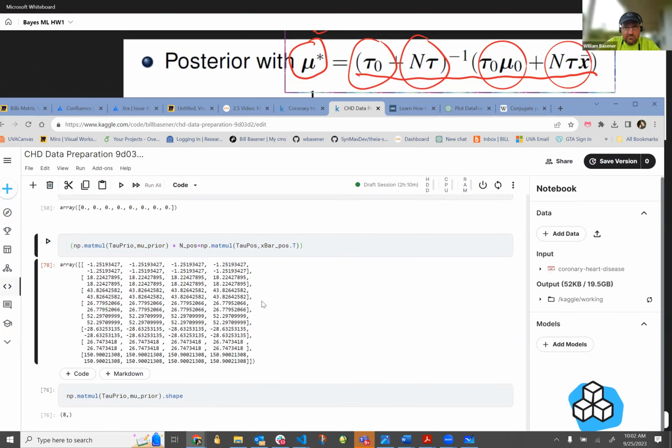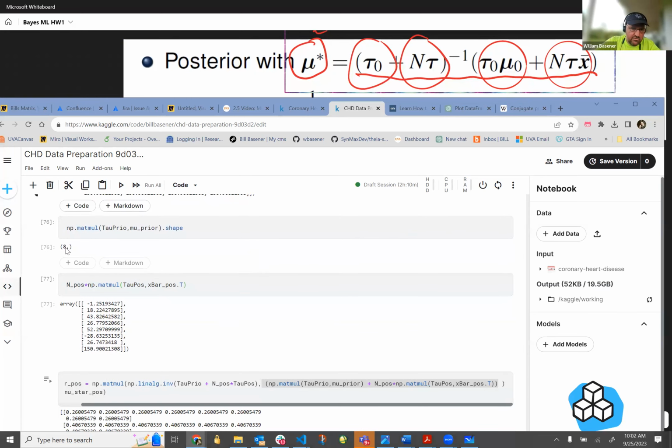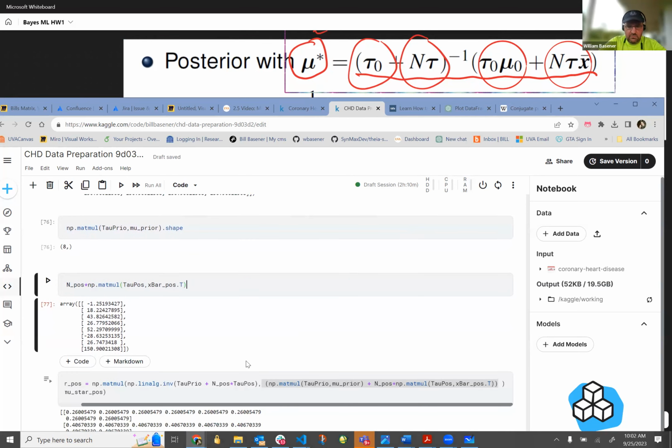Okay, so this is giving me like a matrix on the right-hand side. I want this plus that to be a vector. So this has that shape. This is the second piece we're adding. It's the tau positive times X bar, and it's multiplied by the N. And it's giving me a column vector.